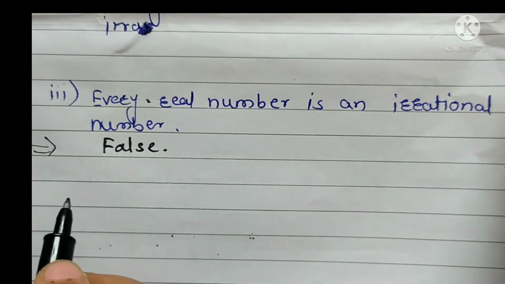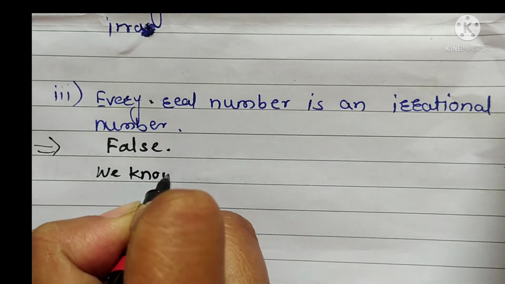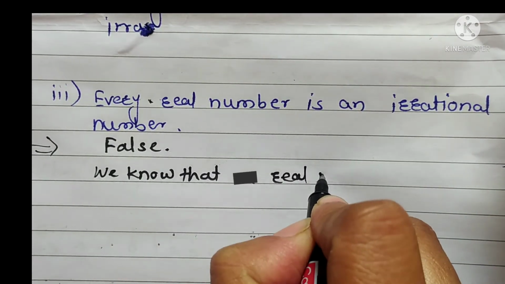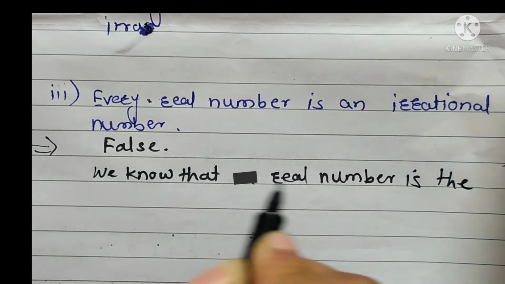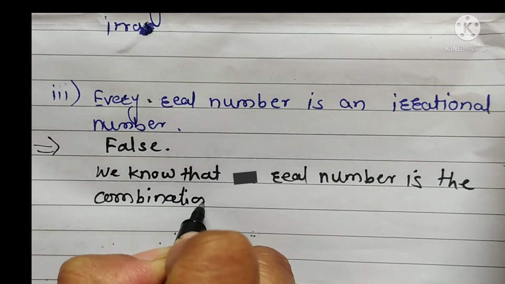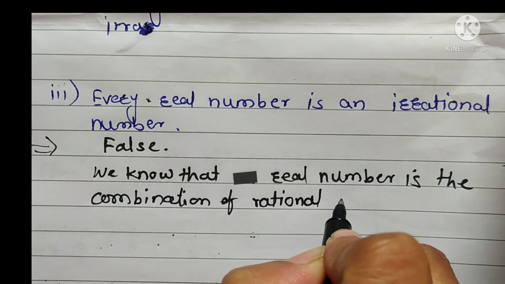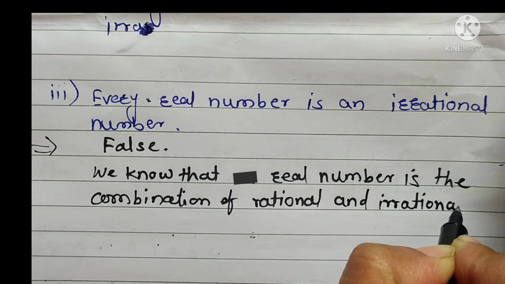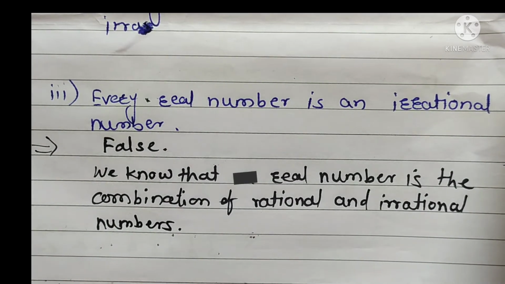How can we write the reason? We know that real numbers are the combination of rational and irrational numbers.